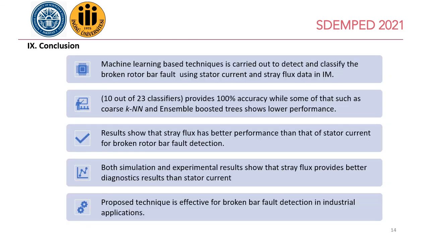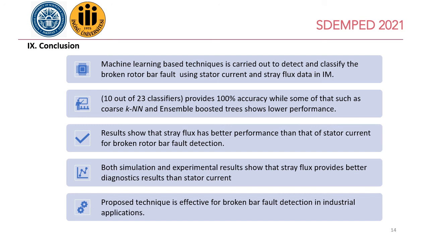Finally, the conclusion: machine learning based techniques are carried out to detect and classify broken bar faults using the stator current and the stray flux data in induction machines. Ten out of 23 classifiers provide 100% accuracy, while some of them give accuracy greater than 90%.